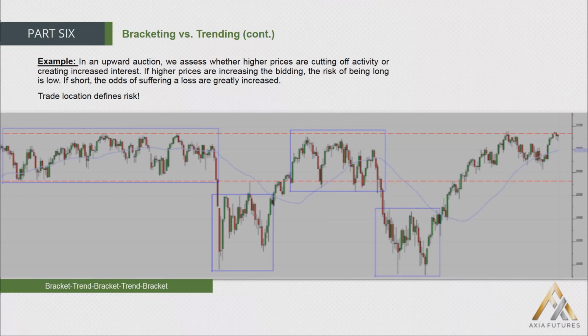Now what I want to point out is that when we do have initiative moves, and this is a little bit of a hint as to what we're going to be talking about in strategies later on, that initiative point or break point becomes an extremely important pivot in the market that whoever initiated needs to defend.